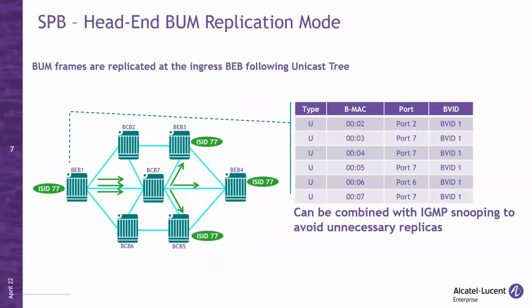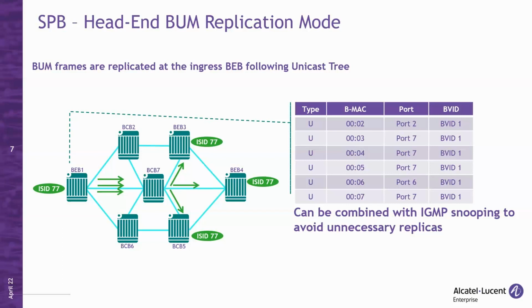BUM stands for Broadcast, Unknown Unicast, and Multicast. There's two ways of treating this type of traffic, and the first and the default is called head-end replication. In this mode, BUM traffic received on a SAP and mapped to a given service is replicated at the ingress BEB and converted to multiple unicast frames.